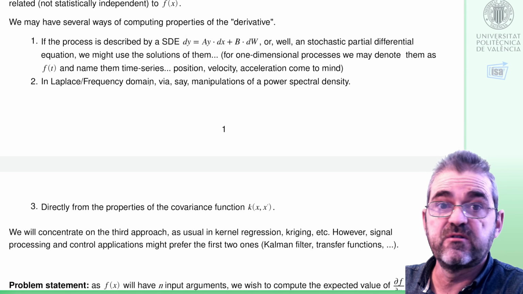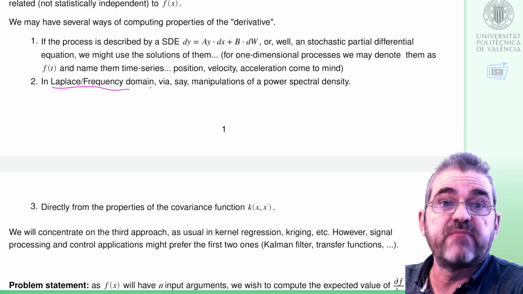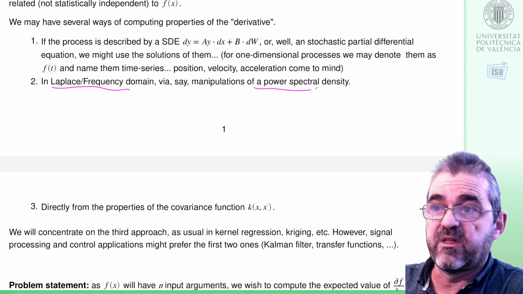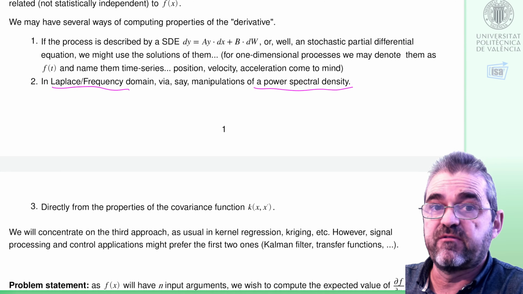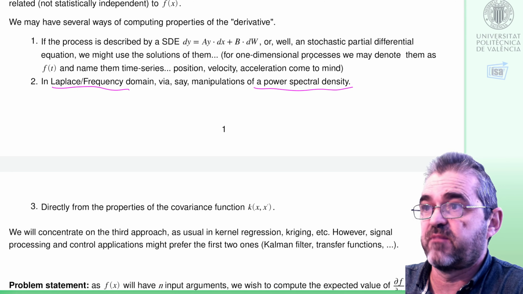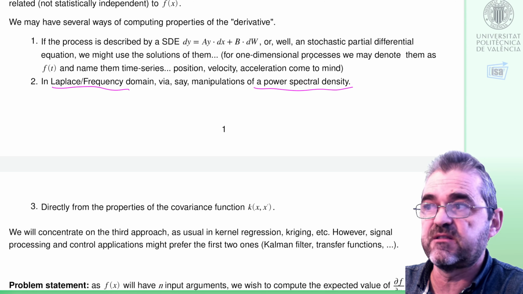Another option would be operating in the frequency domain, Laplace, Fourier transform, with, say, manipulations of the power spectral density of the process we are trying to differentiate.